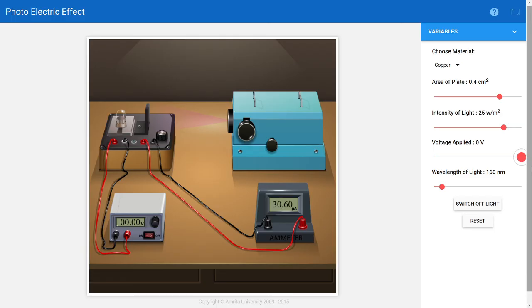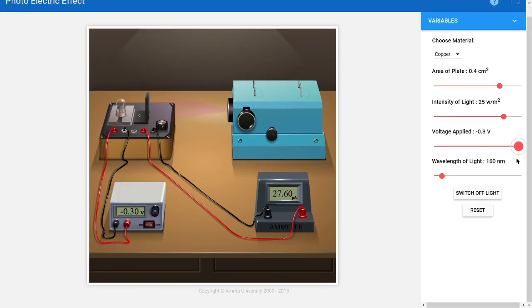So I am just increasing the value. Let me first check where we could find the threshold, it is around 3.10. Let's take the value for 0.4 volt, it is 20.60.